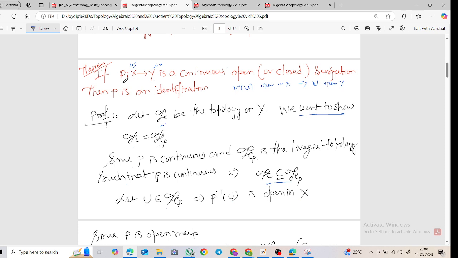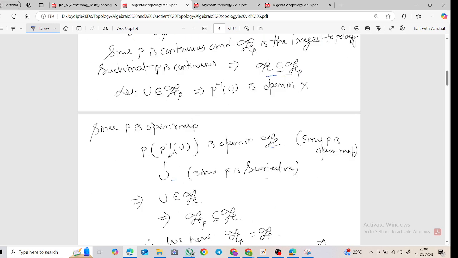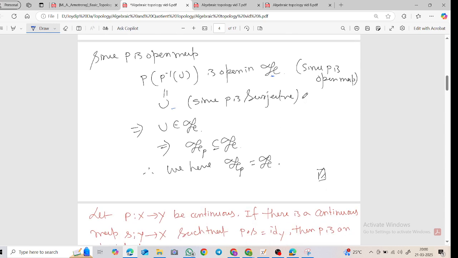So when we say P is an open map, we mean given the topology on Y, which is script F. So P inverse U is open in X. Thus P of P inverse U, which is U, is open in script F. So when we say open map, don't think that we already have script F_P on Y. I mean, we have it, but we don't know whether they are exactly equal or not, or whether P is open with respect to F_P. We don't know that yet.